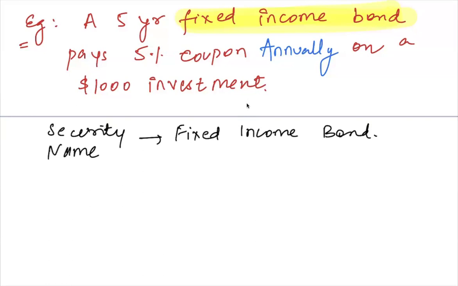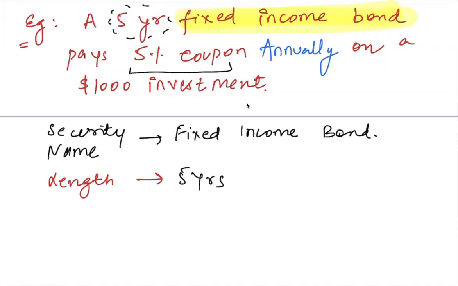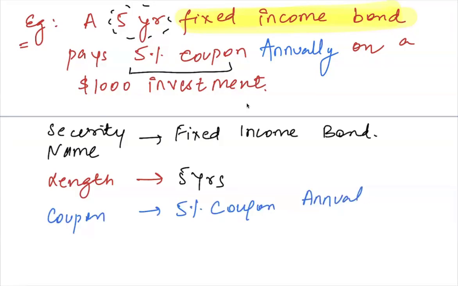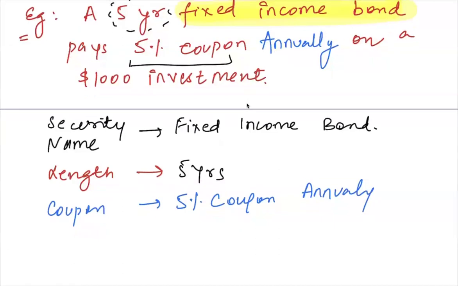What is the whole tenure of the bond, the length of the bond? It is 5 years. And how much does it pay? It pays 5% coupon annually. So this is what is given.